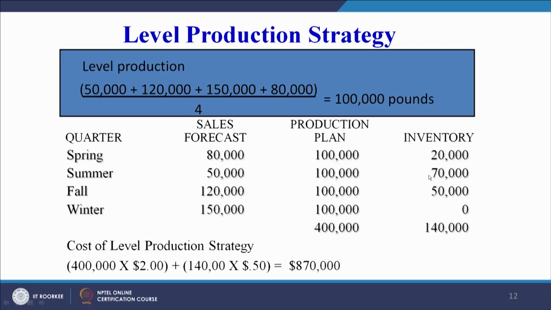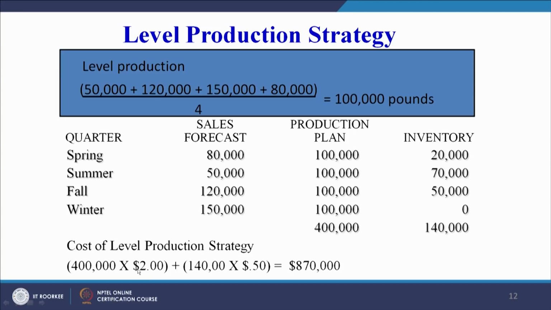In fall our production is only 1 lakh as per our level production strategy, but the demand is more, so 20,000 is used from inventory. In winter we also had 1 lakh regular time production, but 50,000 we used from inventory, so there is no inventory at the end of the year. So we have used our inventory in a judicious manner and solved the problem of producing 4 lakh pounds of product in a year. Now what is the cost?